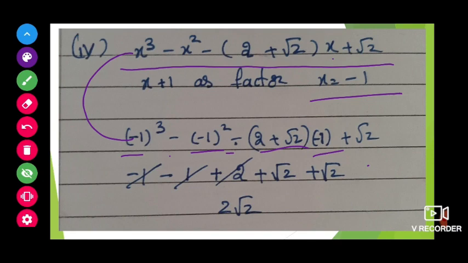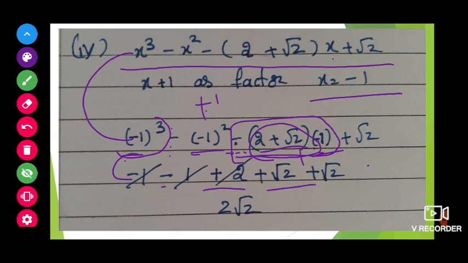Now, (minus 1) cube means minus 1 into minus 1 into minus 1, we get minus 1 only. Then (minus 1) square gives plus 1, plus of minus, again minus 1 only. Next, minus of minus is plus, so we get plus 2 plus root 2. Next, plus root 2 as it is.